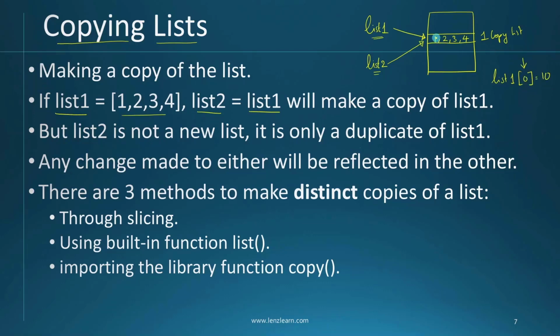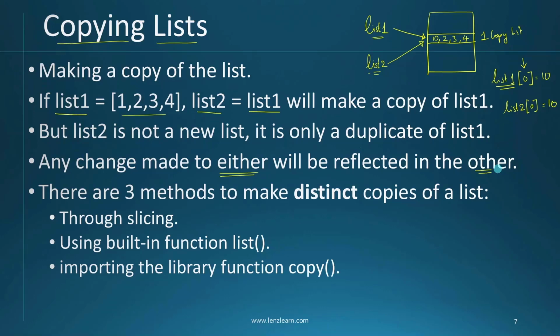So I will just delete this one and write 10 over there. I have just changed the element of list 1, but list 2 is also pointing to the same location. Now if you print the content of list 2 at position 0, you will get the value 10. So that's the problem. Any change made to either list will be reflected in the other list.